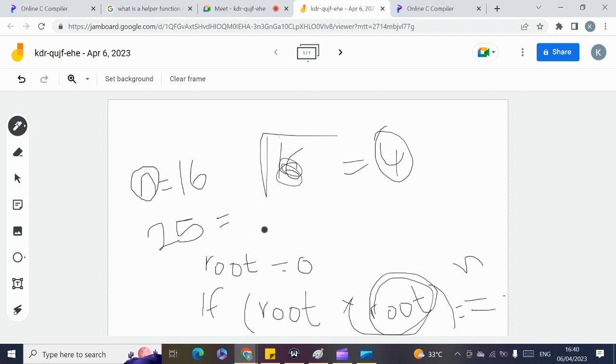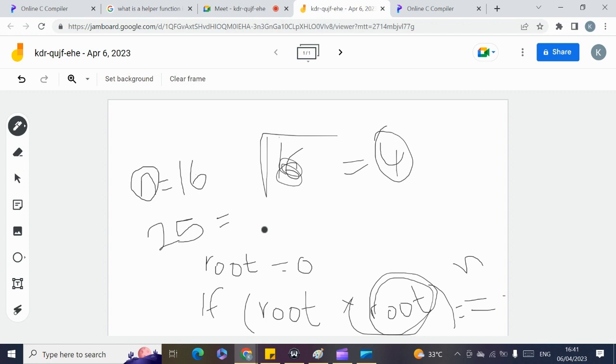So you give it the variable root. But you also have your variable that you are looking for, which is probably 16 or 25 or 64. That is going to represent your n.